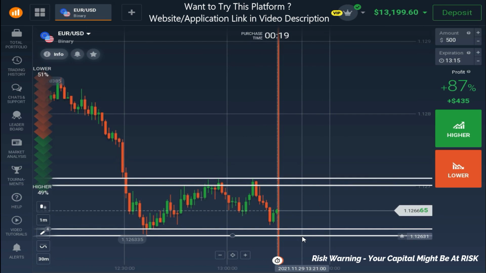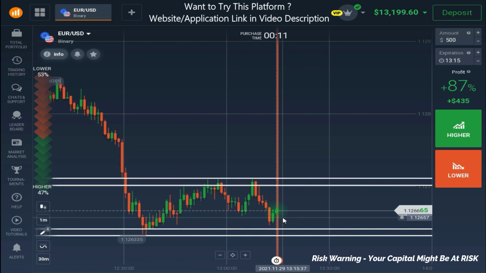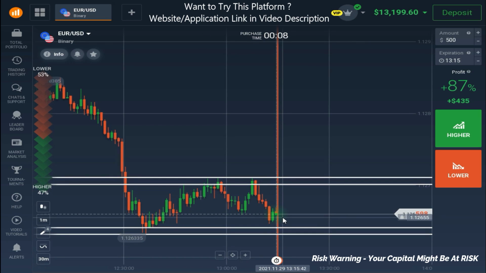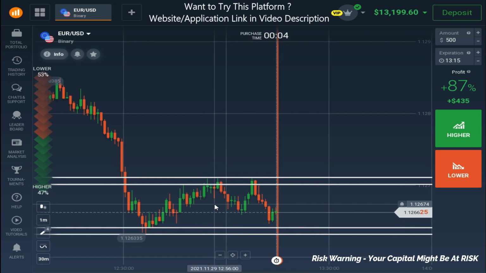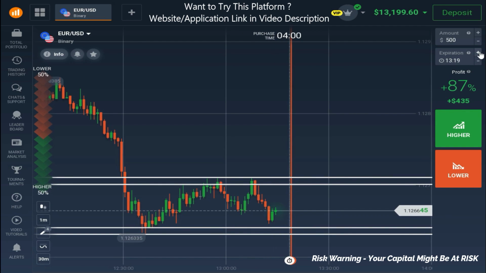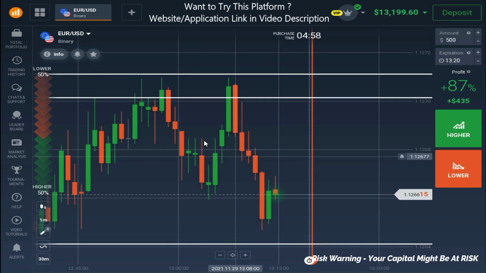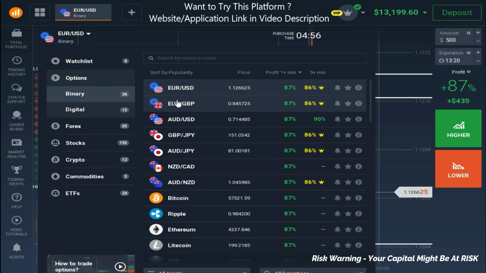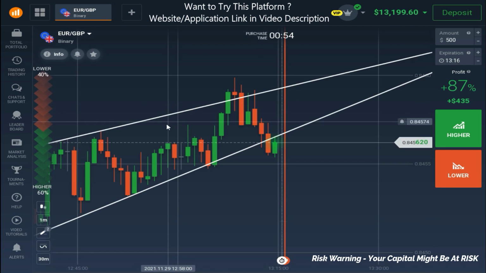In such a case, we always have to wait for a breakout, because the market is currently moving in a box, which is a pressure situation, and in such a case a breakout will give you a good trading opportunity. So we will try to wait on this chart as well. So right now we have got two trading opportunities. One is here and the second one is on this chart.